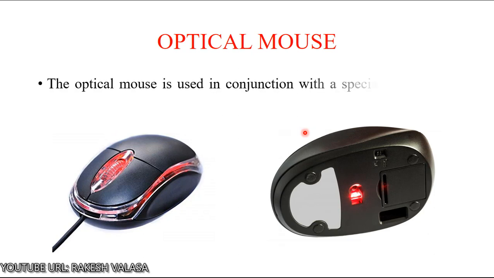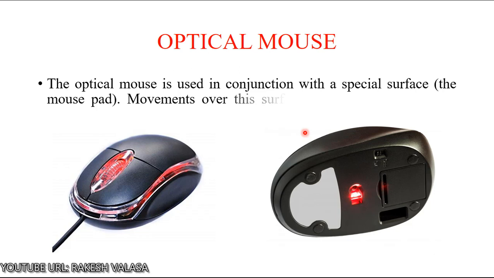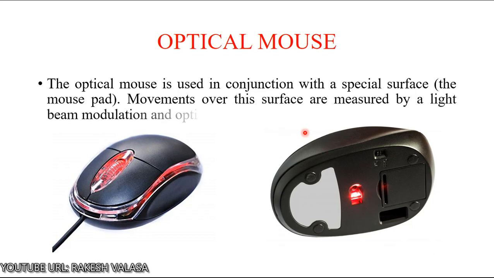Unlike the mechanical one, the optical mouse is used in conjunction with a special surface called a mouse pad. Movements over the surface are measured by light beam modulation and optical encoding techniques.